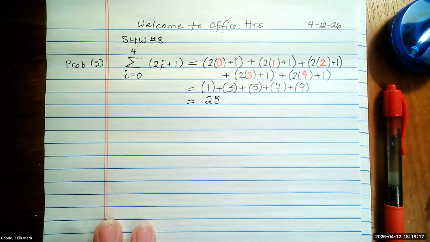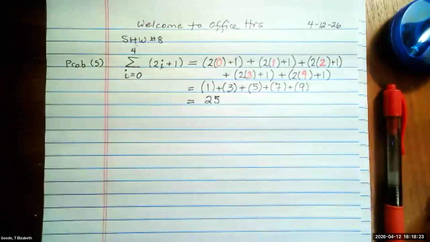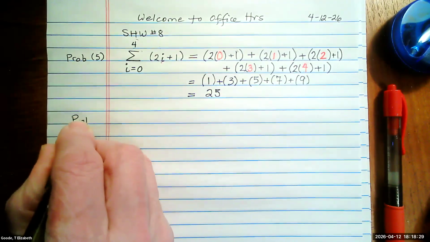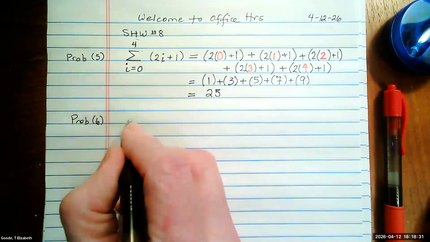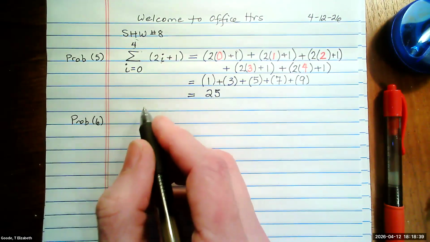Let's do one of the ones that's a product. The next one's a product, so let's do that one, number 6. Do you know how to read that expression for number 6? I'm going to teach you how to read it.